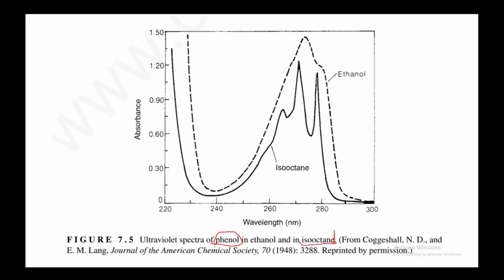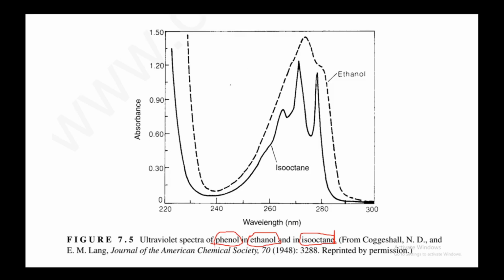Isooctane is a very non-polar solvent and ethanol is a very polar solvent. Ethanol is capable of making hydrogen bonds with phenol, whereas isooctane, being non-polar, is not able to form a hydrogen bonding network with phenol.